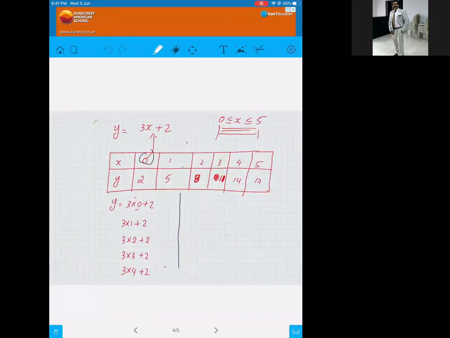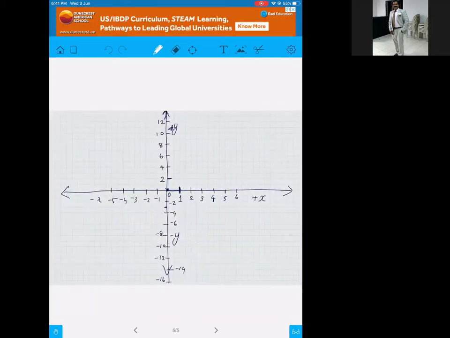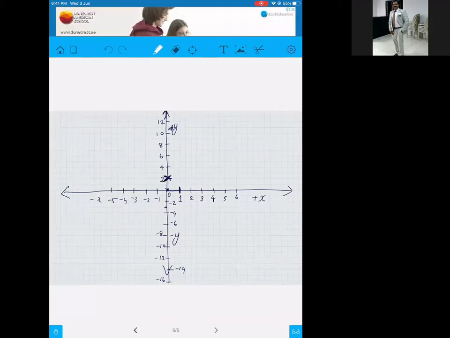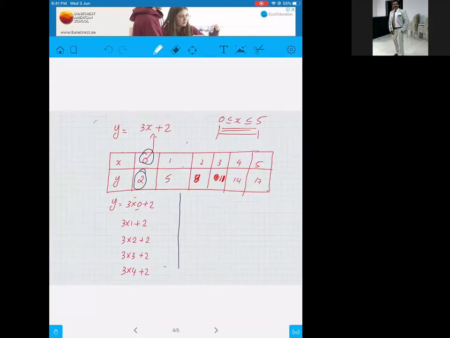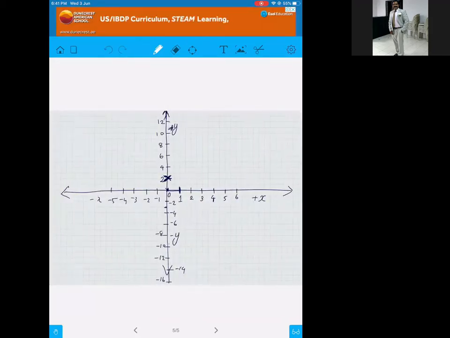Then you take the values. When x is equal to 0, the corresponding y value is 2. When x is equal to 1, the corresponding y value is 5, because 5 is in between 4 and 6.